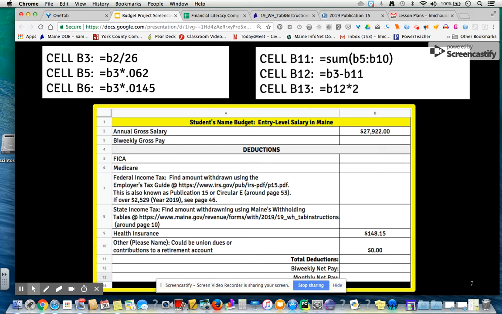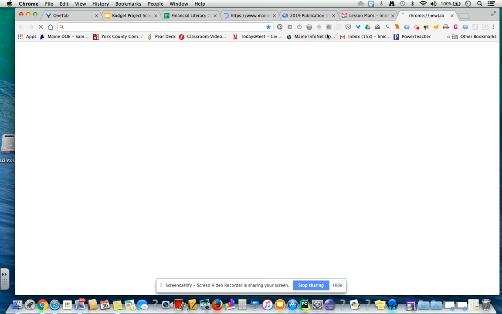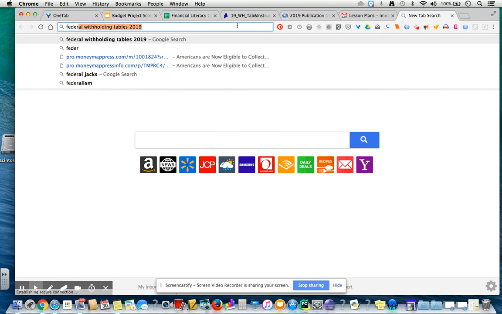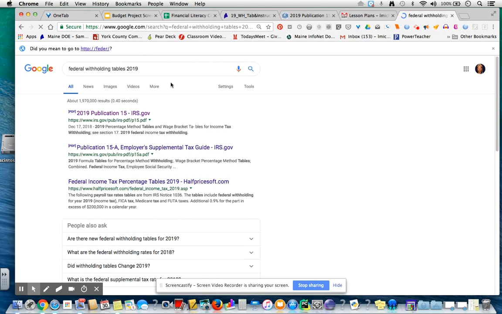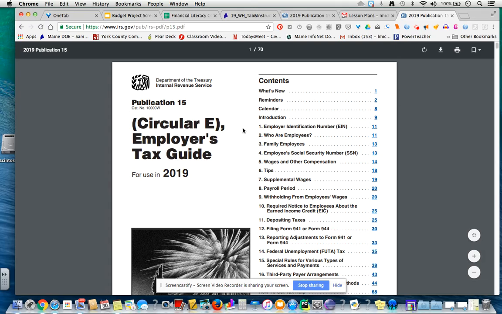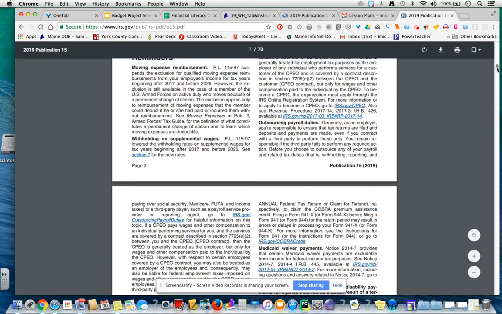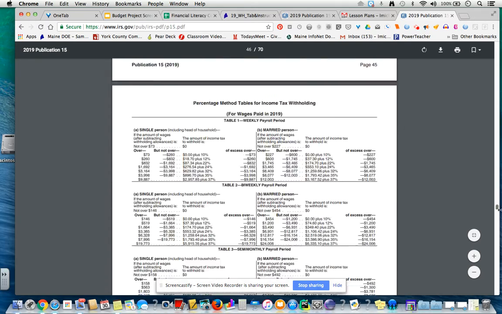Federal and state income tax, you have to look up on the tables. So you would query, let me just show you the query here. Federal withholding tables 2019. It's also called publication 15. And we go right around page 50-ish.